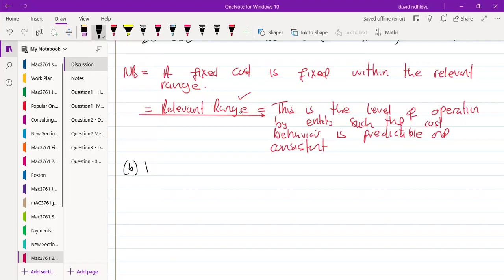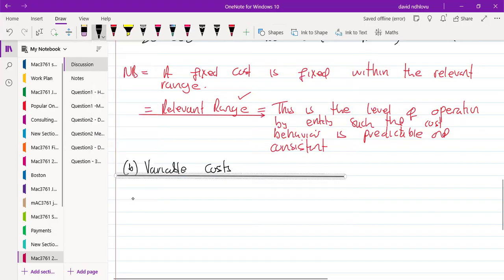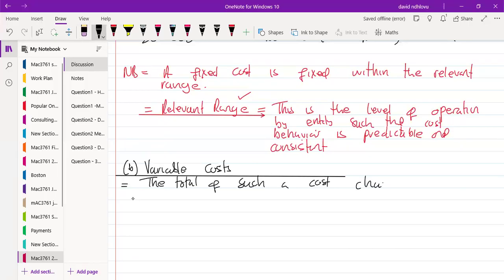Right, let's go to another cost, which is called a variable cost. So when we talk about a variable cost, the total of such a cost changes in direct proportion to changes in output.